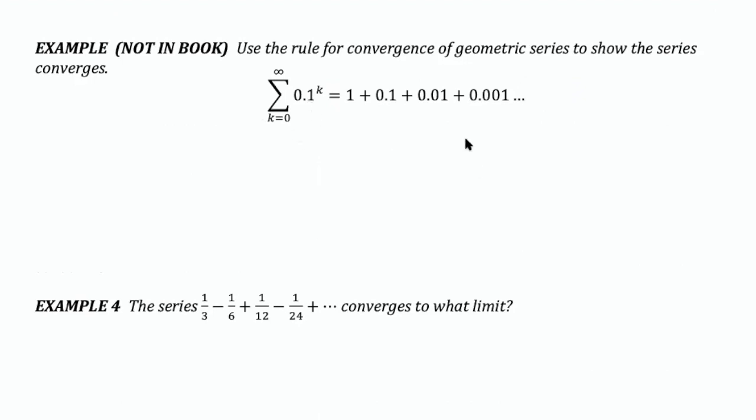And here's the same series we were just looking at in the previous example. Let's see if we can identify why this one is a geometric series. Well, if it's a geometric series, A is supposed to be the leading value, which is 1, and R is supposed to be the ratio, what we are multiplying by each time to get the next value.